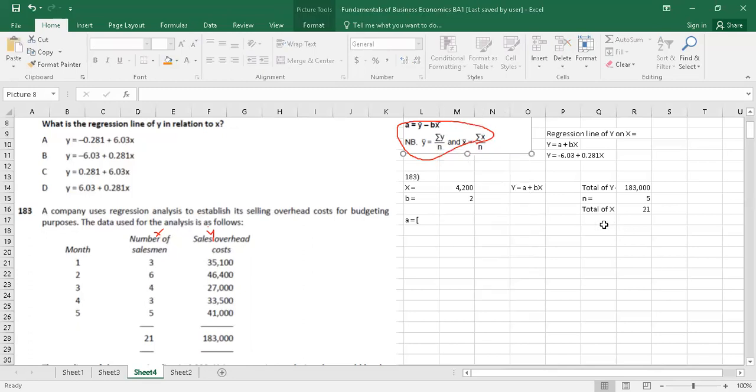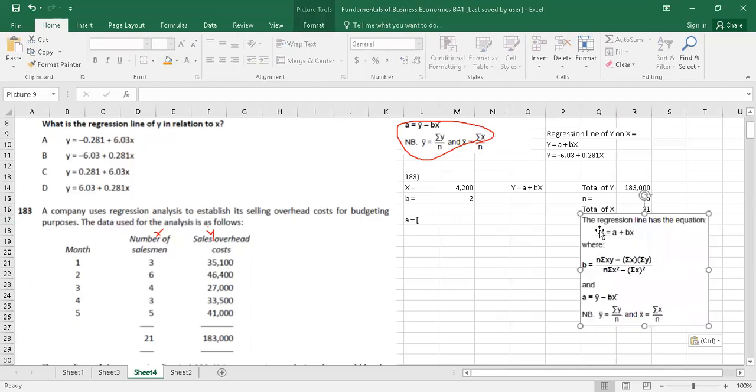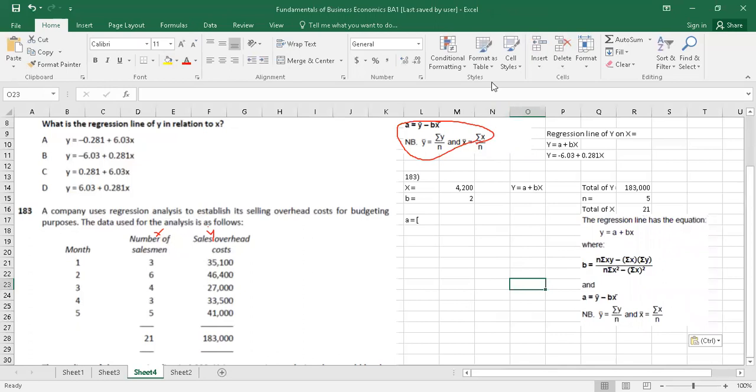We just paste it this side so that for our reference it will be there. We now have a is equal to y bar minus b x bar. Y bar will be sum total of y divided by n number of items.